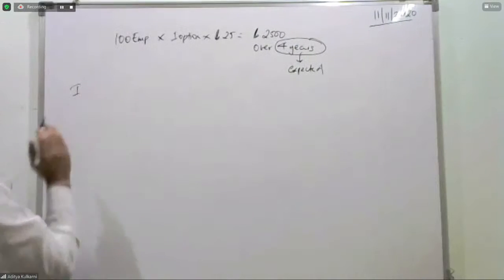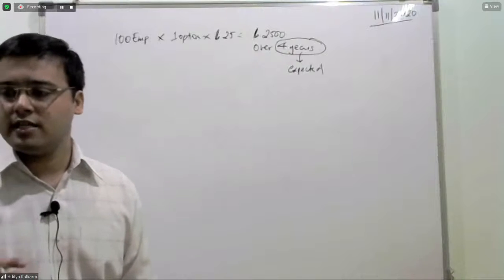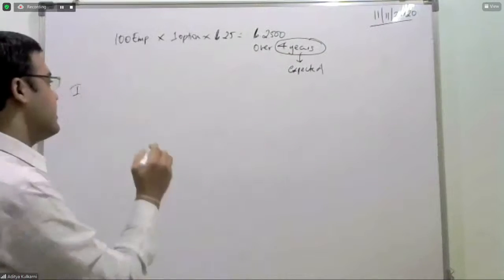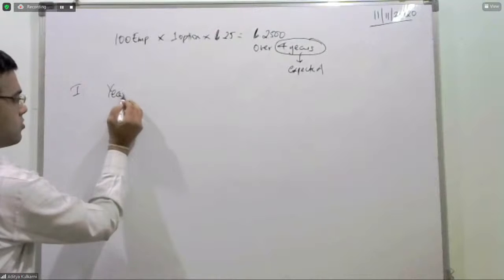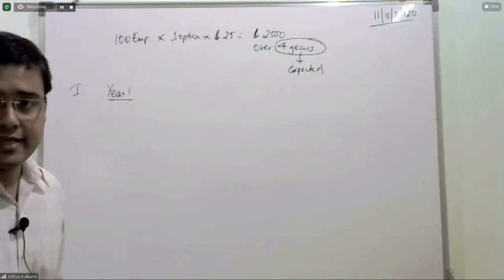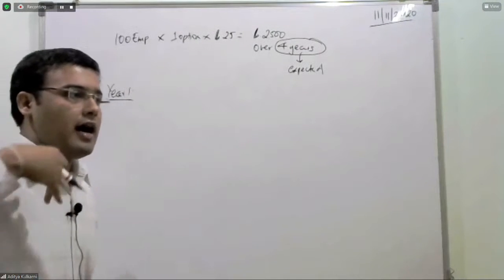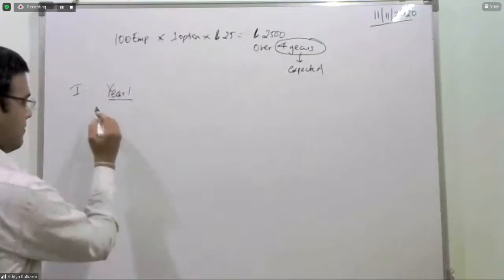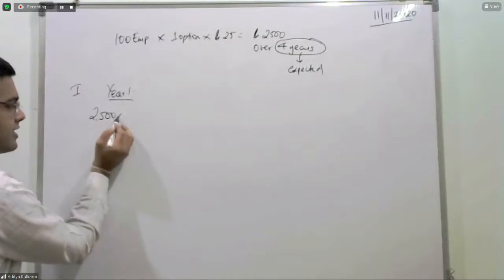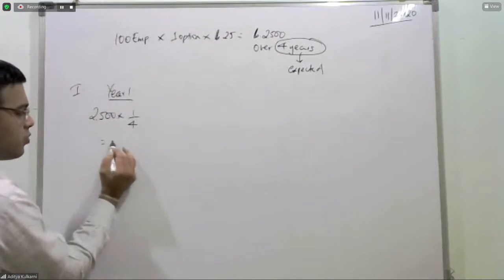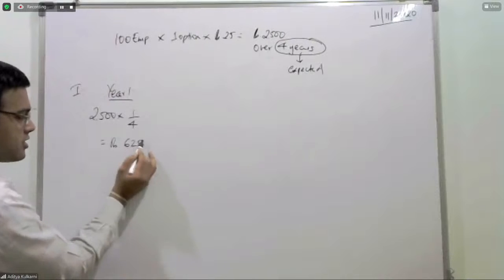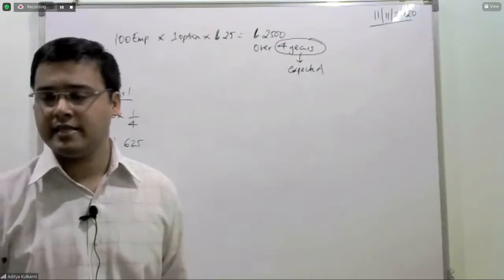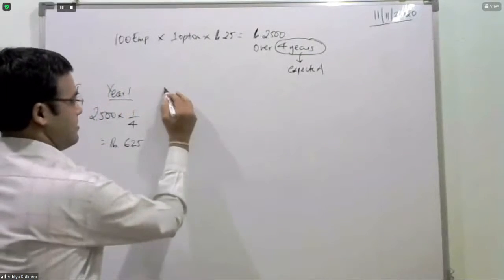So now case 1, market condition is fulfilled in the 3rd year itself. So year 1, what do you think? You estimate that you have 4 years time. So 2,500 total compensation into 1 by 4, you will charge 625 rupees as employees compensation expense.